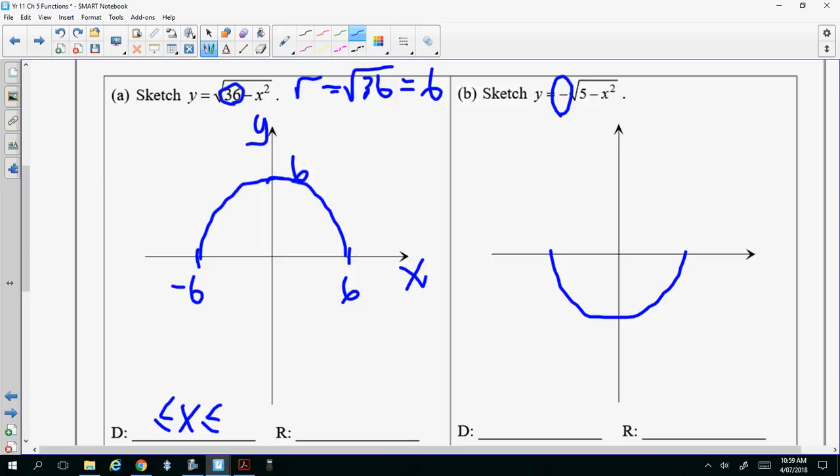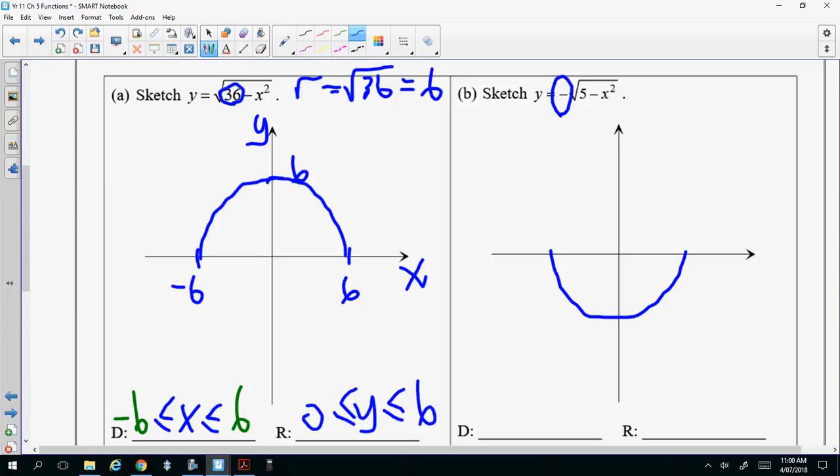Can you try again? That's better. Good. All right, that's the domain. Thank you. Let me ask someone else. Julia, what's the range? Yep. Right, done. Good. So this is a function.